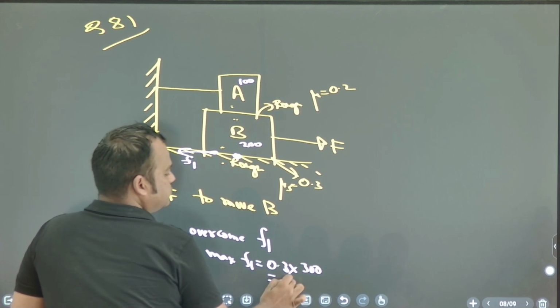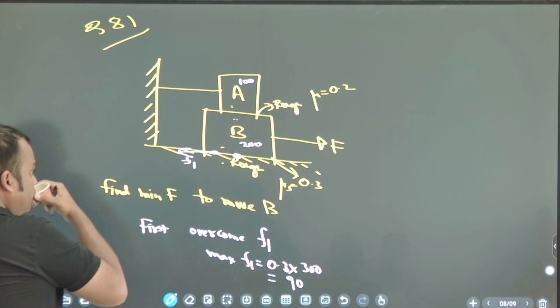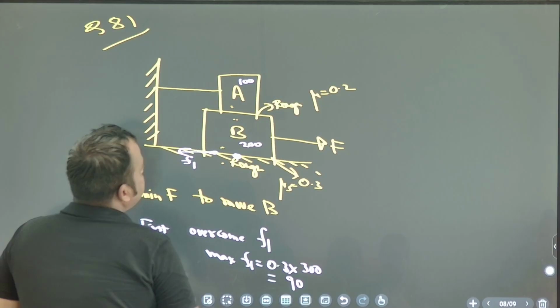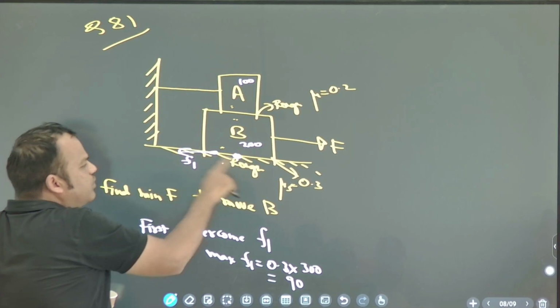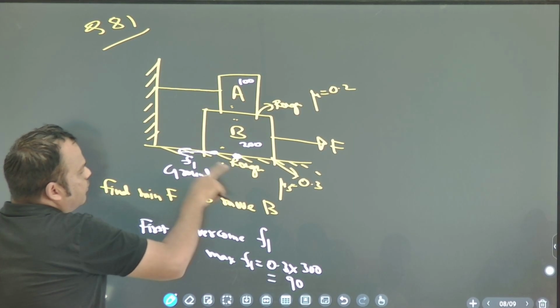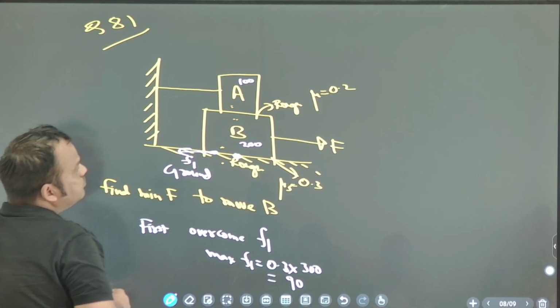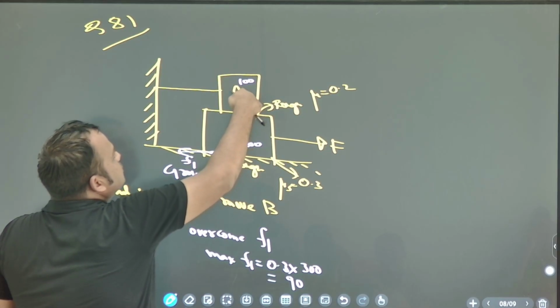How much? 90. So it will slip over ground. Now A will exert friction force.